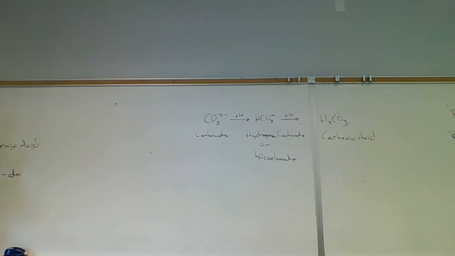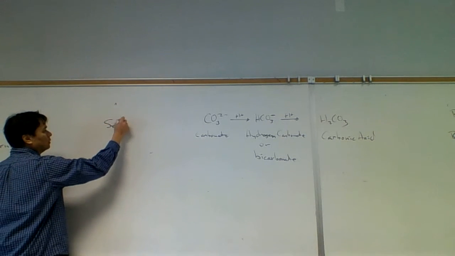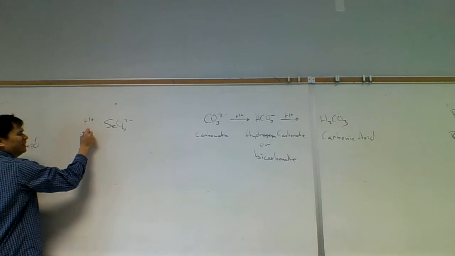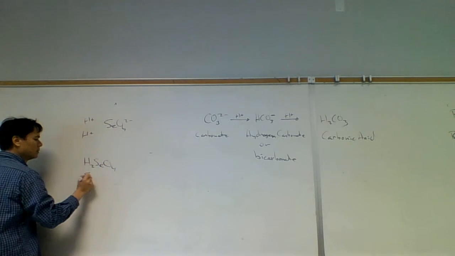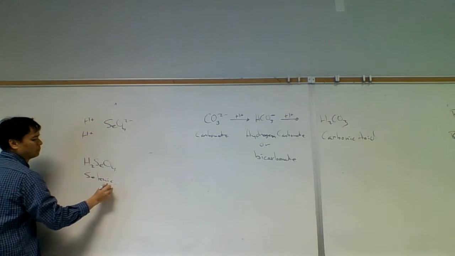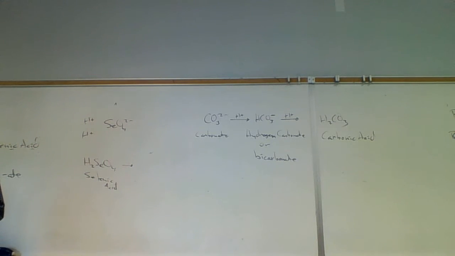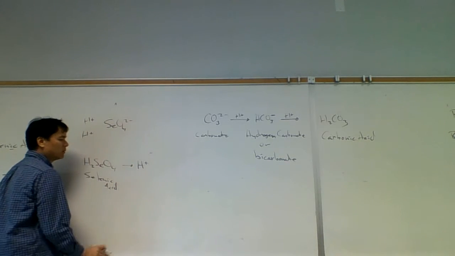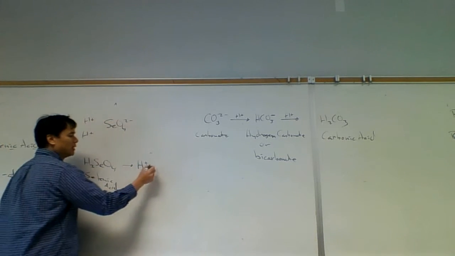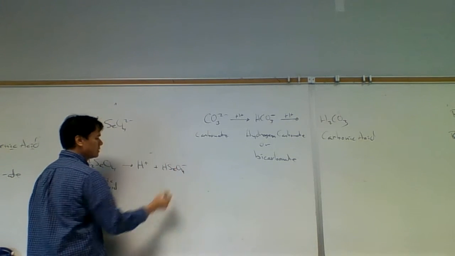And so what is selenate? SeO4 2 minus. And how many H pluses do I need? 2. So selenic acid is H2SeO4. In ionization, we're breaking it apart to form ions, and it goes one step at a time. We break off one H plus, and that leaves us with HSeO4 minus.